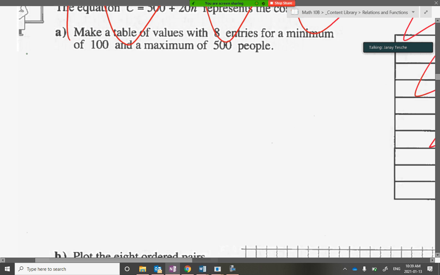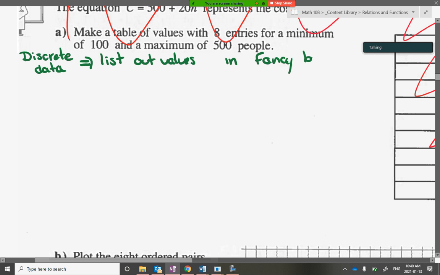So for discrete data, you're just going to list the values in the fancier brackets or in parentheses. So what that means is, my domain, or all of the x values that are included here, are 1, 2, and 3.